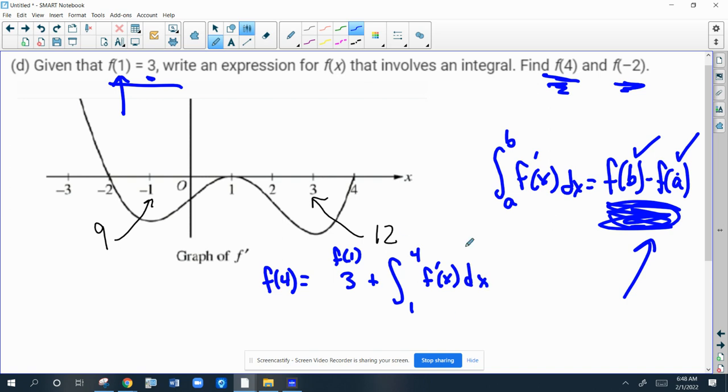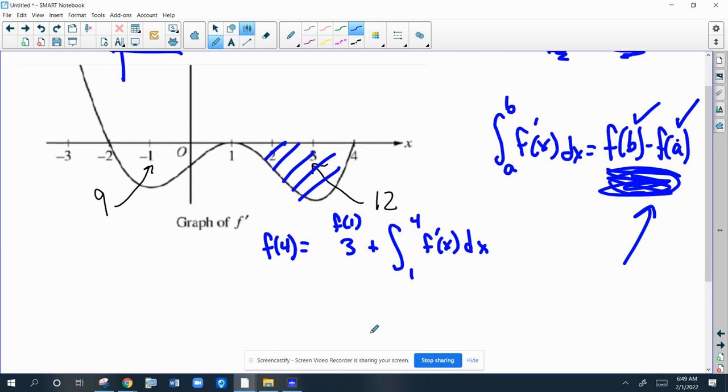Now, this integral is going to calculate area as long as it's above the x-axis. It happens to be below. From 1 to 4, the area is 12. So the integral would calculate that as negative 12. The net change is negative 12. So we have 3 minus 12. So f of 4 is negative 9.